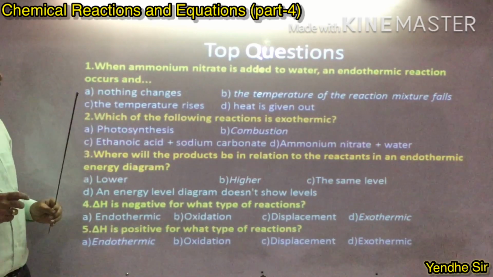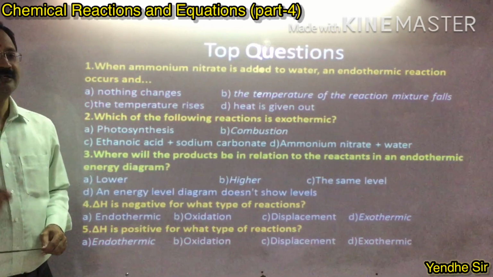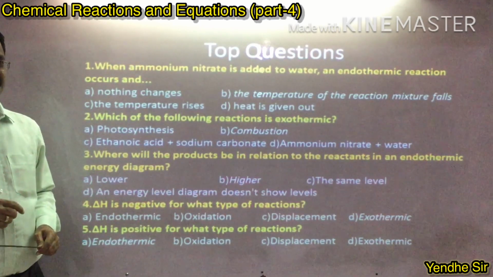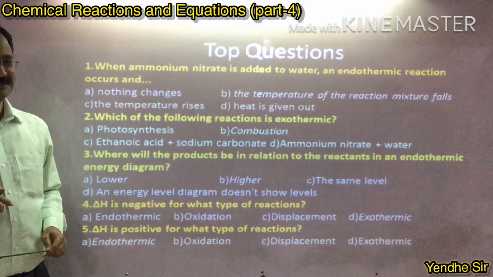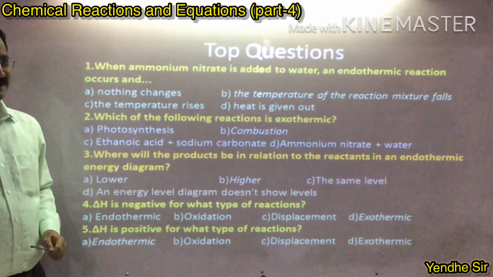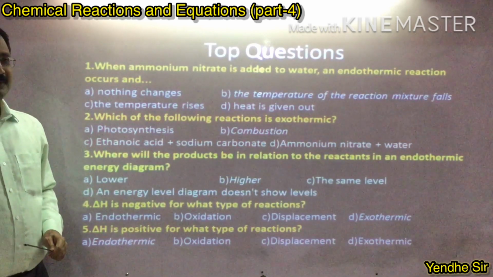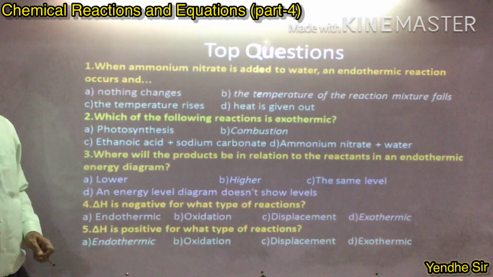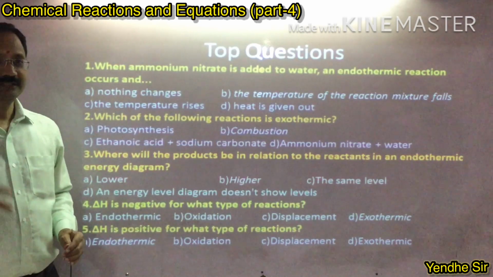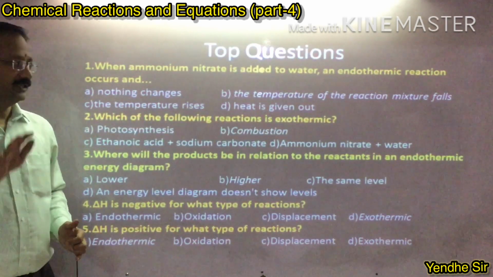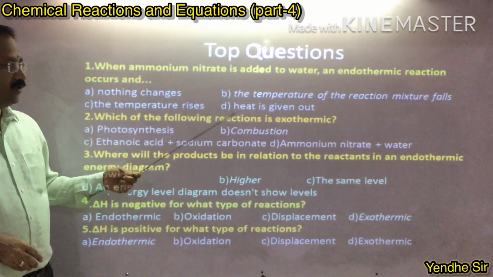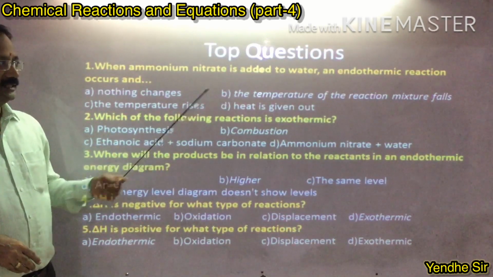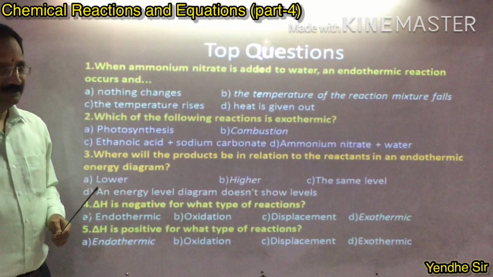Option C, the temperature rises, or D, heat is given out. Which is the correct answer? Take your time. Okay? Now let me tell you. If you add the ammonium nitrate in the water, the temperature will be decreased. Therefore, our answer is option B. The temperature of the reaction mixture will fall.